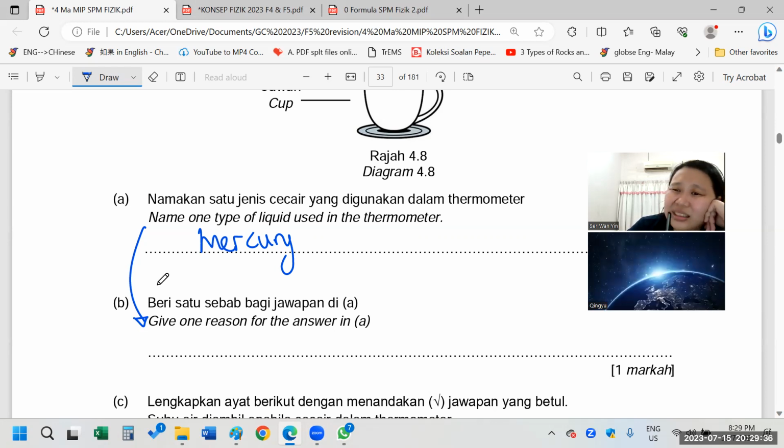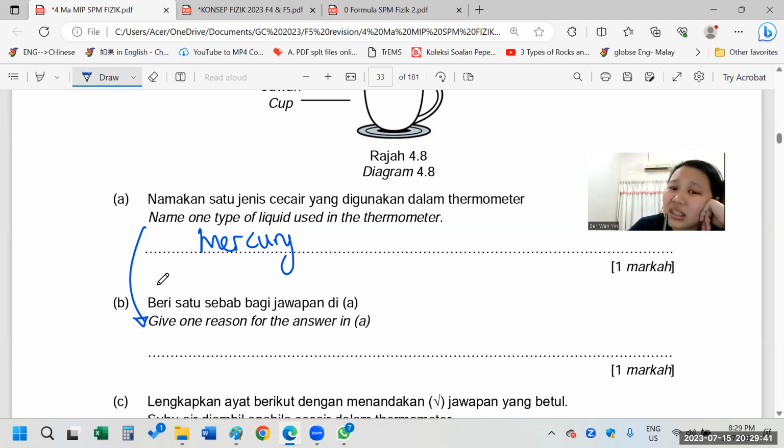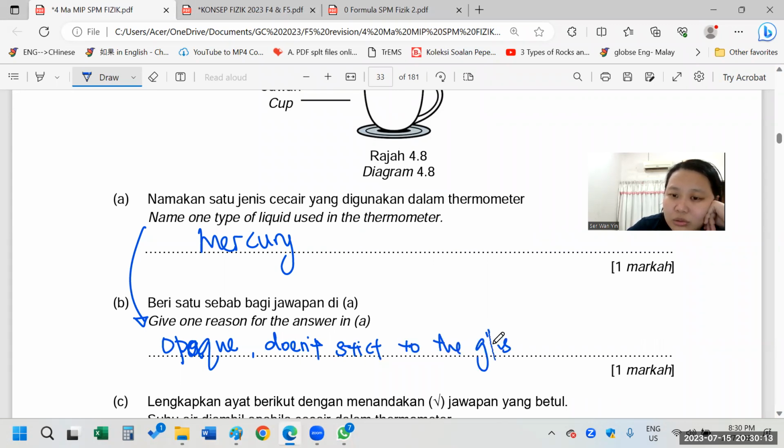High density, low heat capacity, and sensitive to surroundings. It is a liquid at room temperature and doesn't stick to the glass wall. Yeah, very good. Opaque. It doesn't stick to the wall, the glass wall.